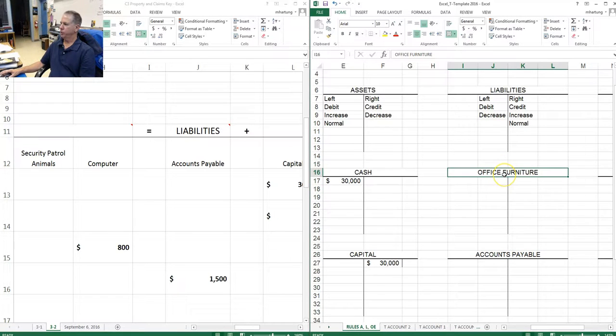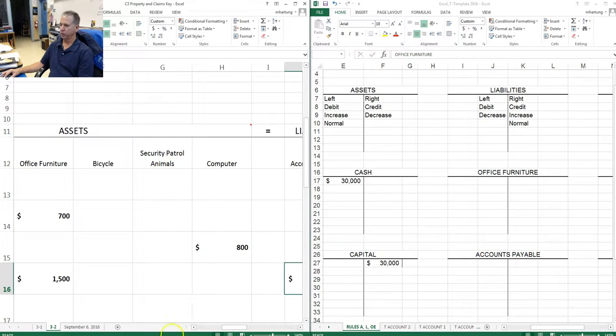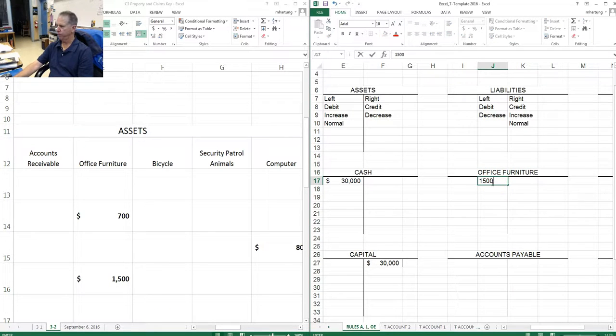Okay, office furniture is what type of an account? Is it asset, liability, or owner's equity? It is an asset. Yes, it is. And how do we increase an asset? And if you said debit, you would be correct. That's right. We increased it by $1,500, therefore we will debit the office furniture account by $1,500.